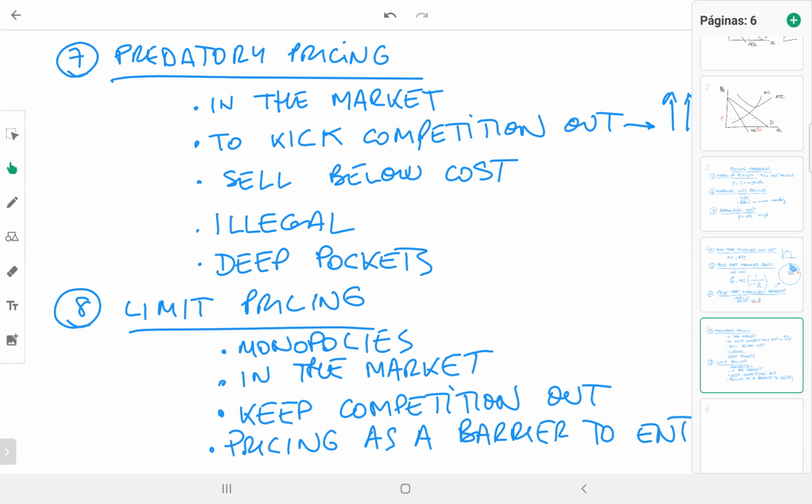That attracted competition because there was a ton of money being made in that industry. So competitors got in, and 30 years later, by the 1930s, they were down to 30% of the market. And the profits that once were around 25% of sales were now less than 10% of sales. Does that make sense?